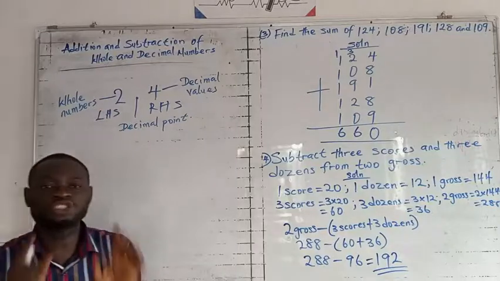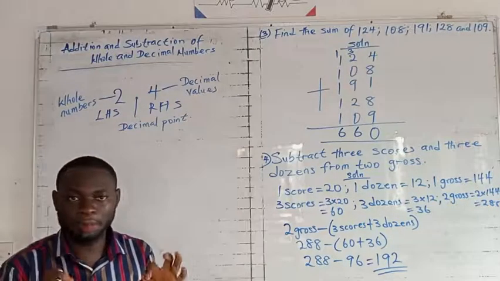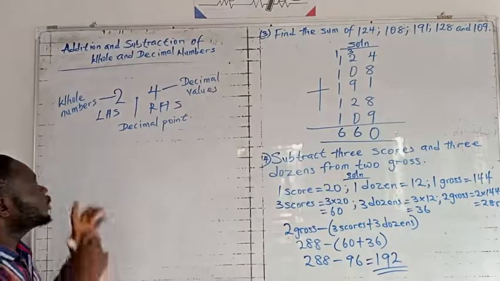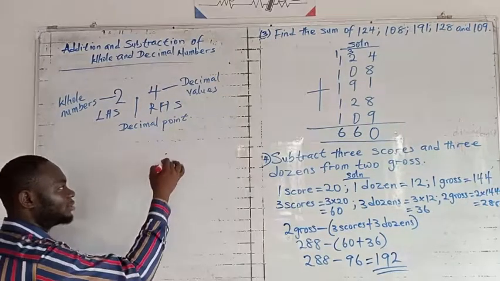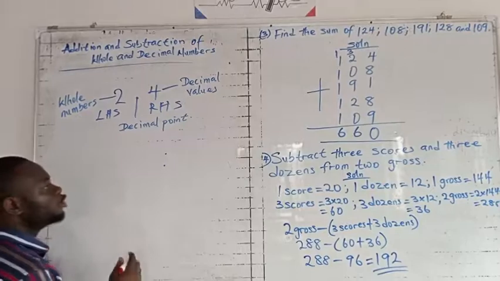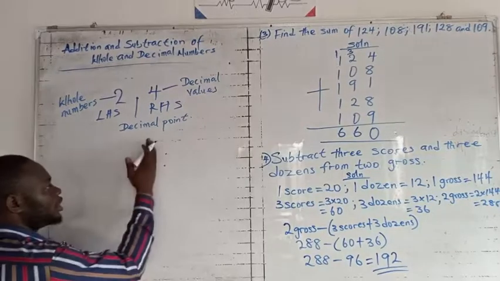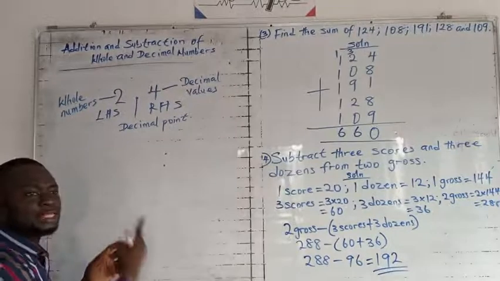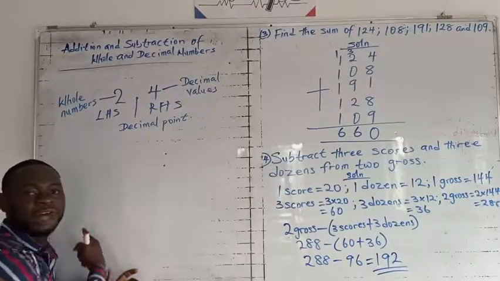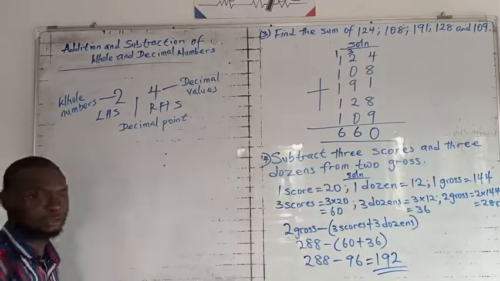Now, in addition and subtraction of decimal numbers, the decimal point must be on a straight line, while the whole number part must be under itself, ranging from units, tens, hundreds, thousands, ten thousands, hundred thousands, millions.